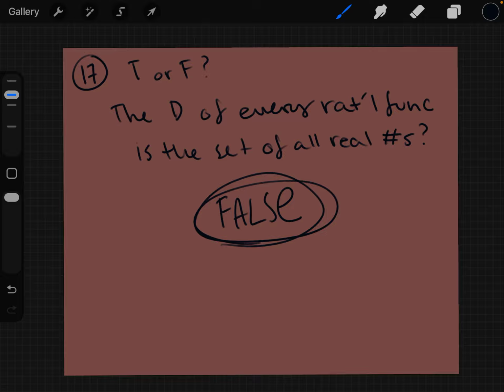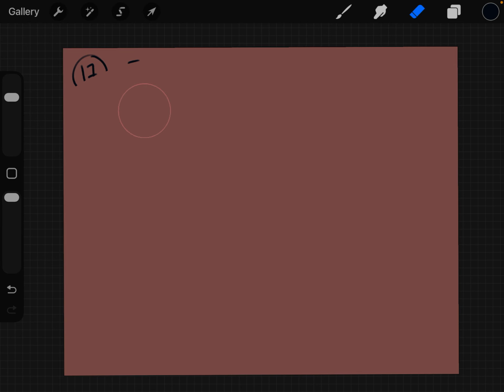If that was the case, then if we had a rational function that was like this, we would know from experience that we would need to exclude 3, and if it was the set of all real numbers, we would include it. But we know we don't do that, so no.